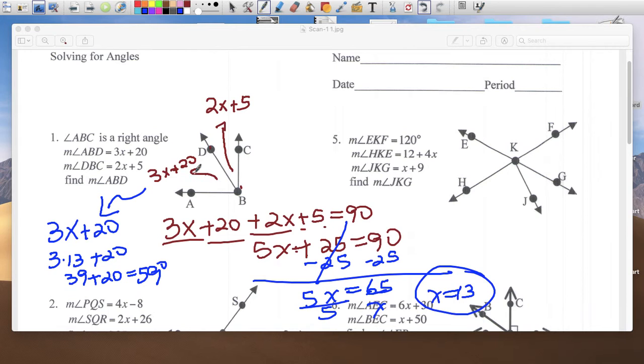So this angle right here is 59 degrees. Not asking for the other one, but if you wanted to, you can substitute and find it. It's 2 times 13 plus 5. 2 times 13 is 26, plus 5 gives us 31. And you can now confirm if you're right or wrong. One angle is 59, the other is 31. If you add them up, it does give you 90. So you're good.